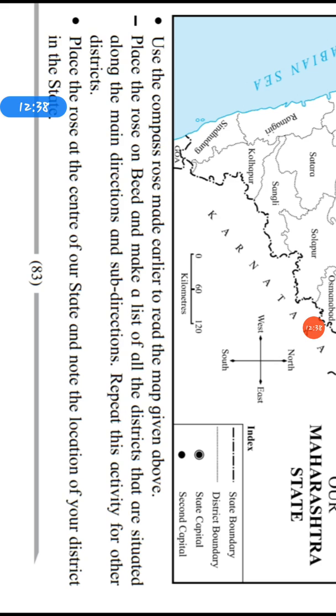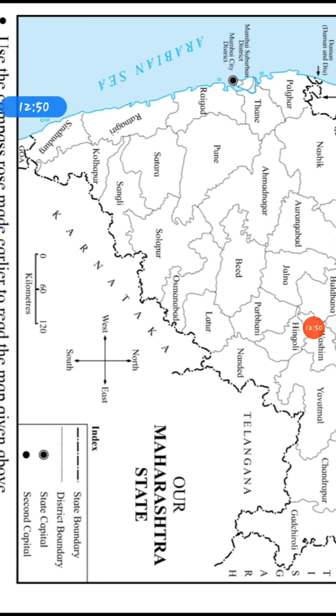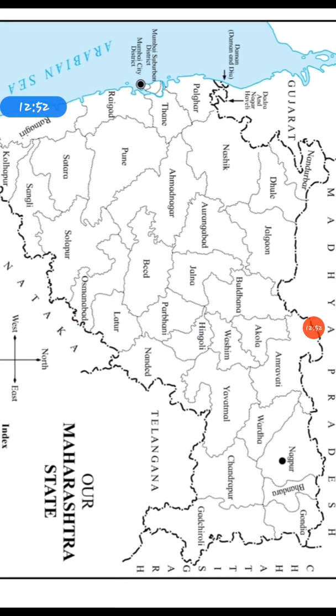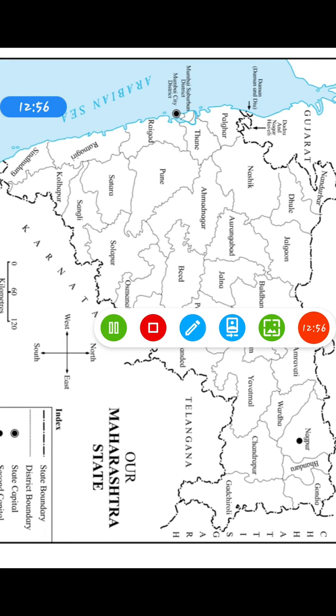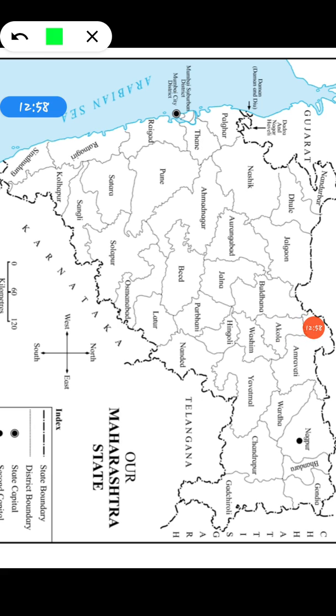The next is asked, place the rose at the center of our state and note the location of your district in the state. So let's see the center. Center means middle of this state. If we place it here, it is the center.